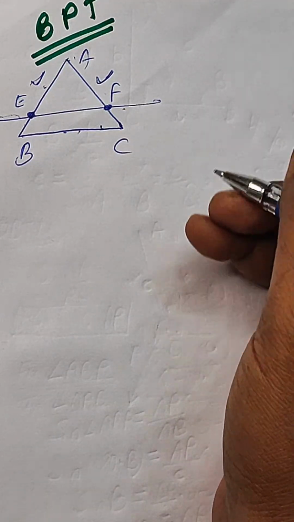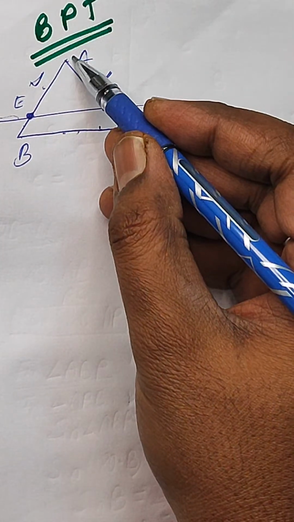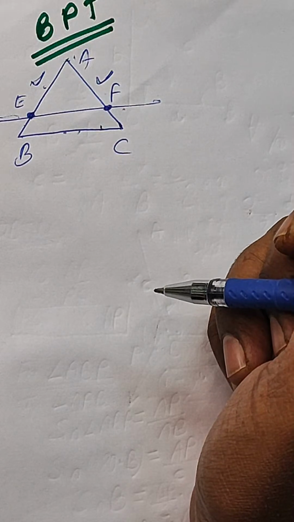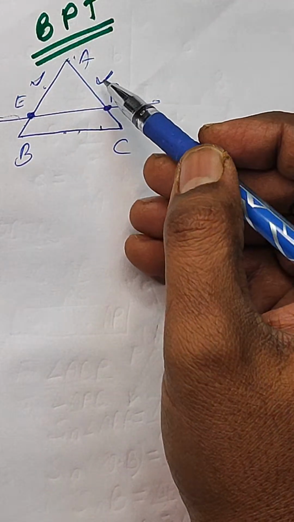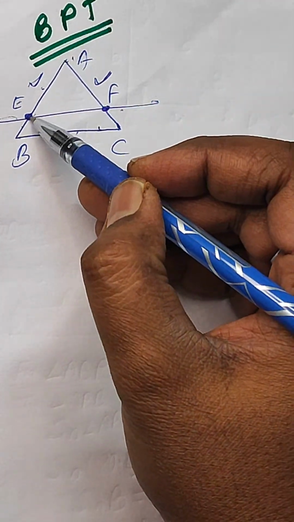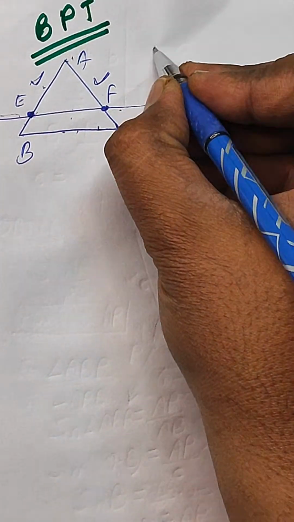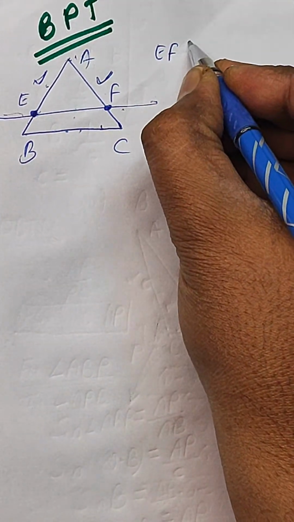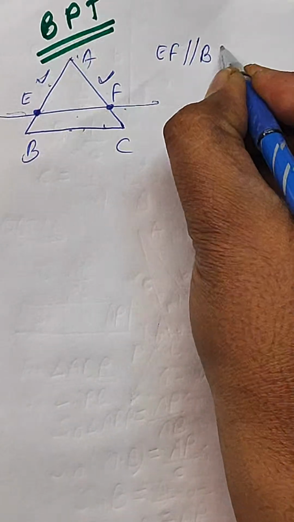That means here we can say that, let me write the condition first, EF parallel to BC.